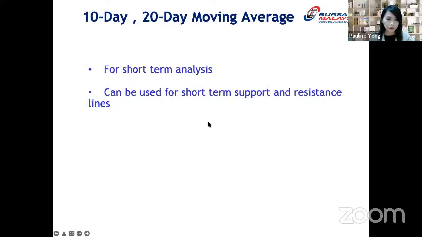So this is the moving average. Let's take a look at the different types of moving average. The common ones are 10 days, 20 days, 50 days, 100 days, and 200 days moving average. The bigger the number, the longer term it is, because 200 days means the average of the past 200 data, which is a long-term analysis.